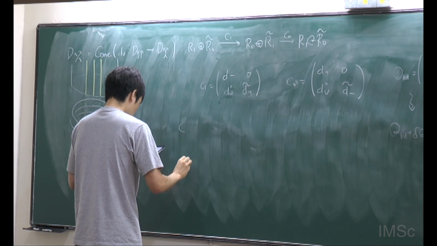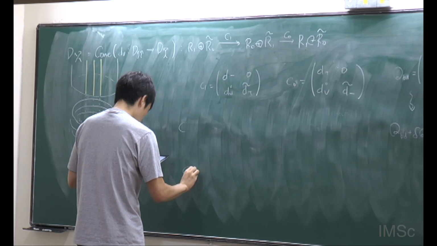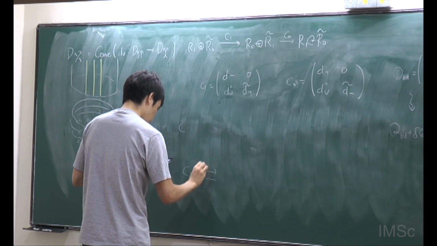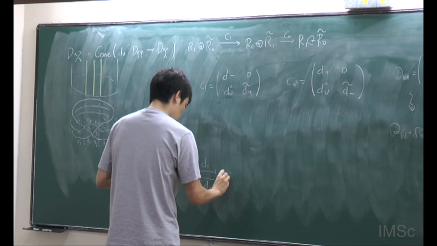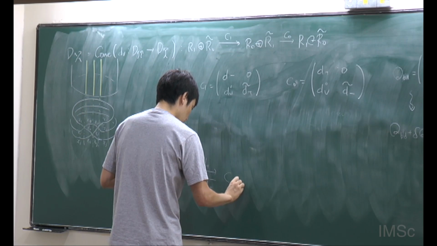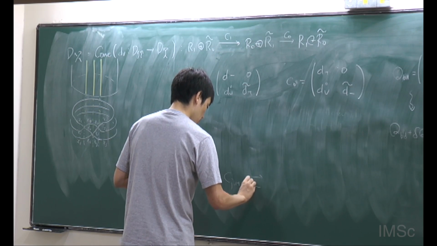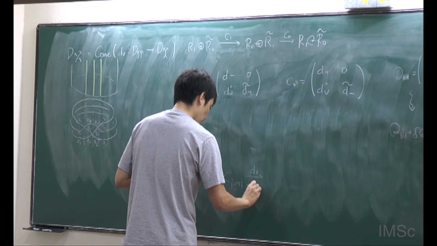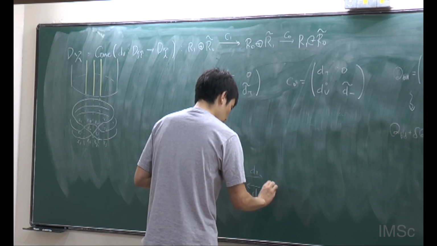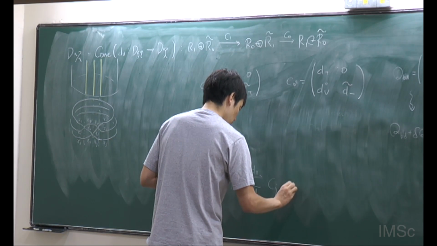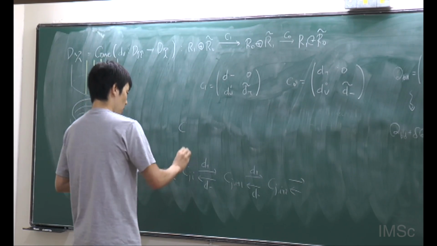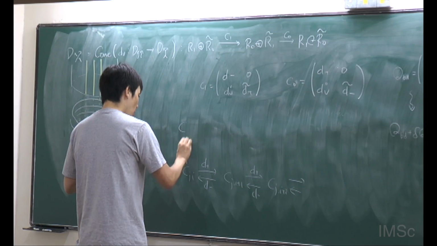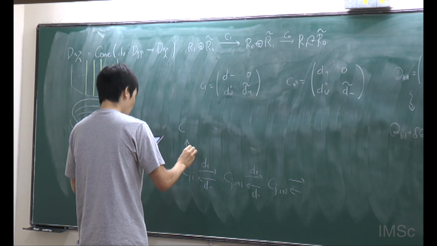Let's see, C_{J,I}, D plus and D minus, C_{J,I+1}, D plus and D minus, C_{J,I+2}, and so on. Sorry, bigraded complex, actually, once you take the tensor product.